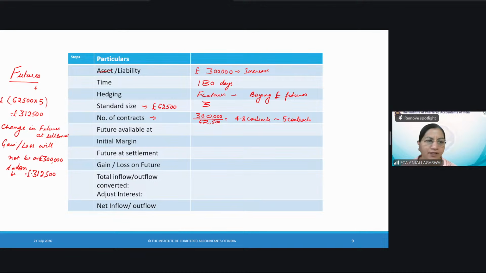So if it is a gain, you will end up gaining more than on 300,000 pounds. But if it is a loss, your loss will also be higher.